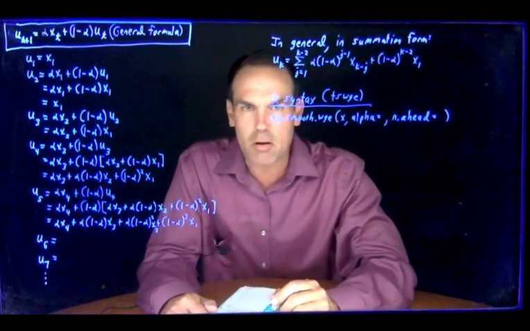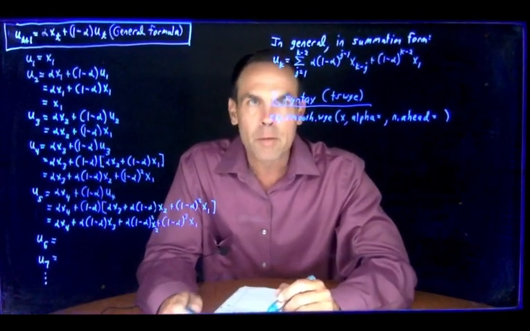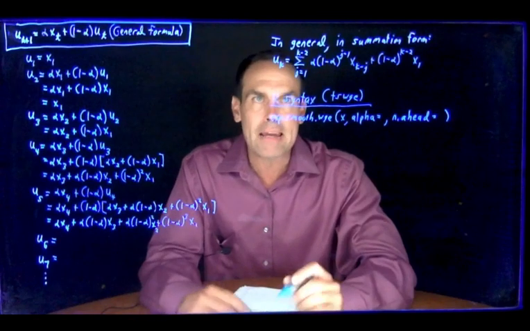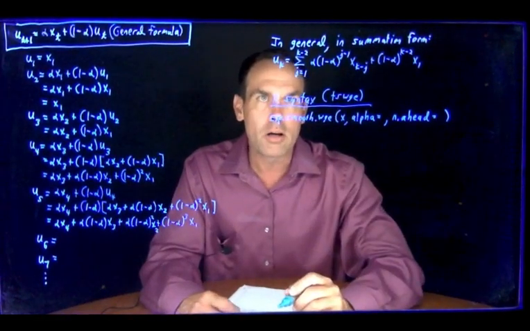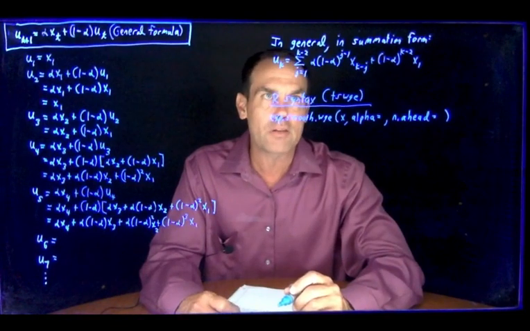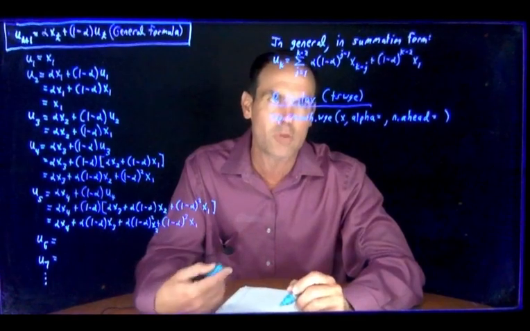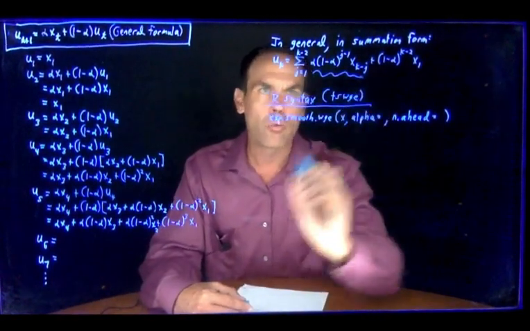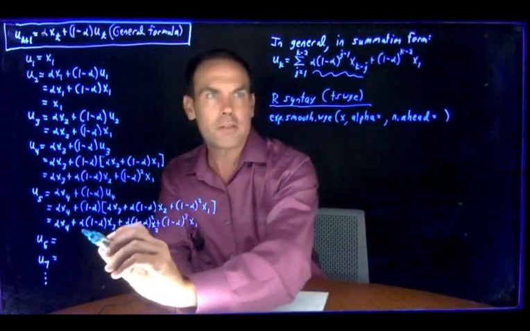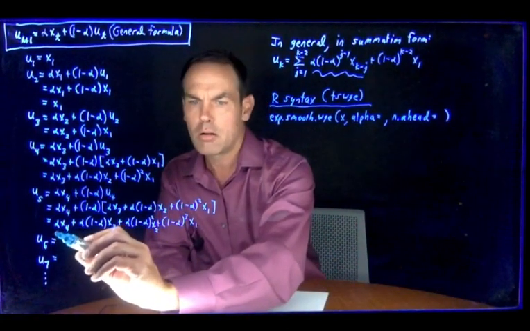It's not any better. It gets more concise. But you could write this as u sub k equals the summation of j equals 1 to k minus 2 of alpha (1 minus alpha) to the j minus 1 times x subscript k minus j. So this piece right here represents this stuff right in here.